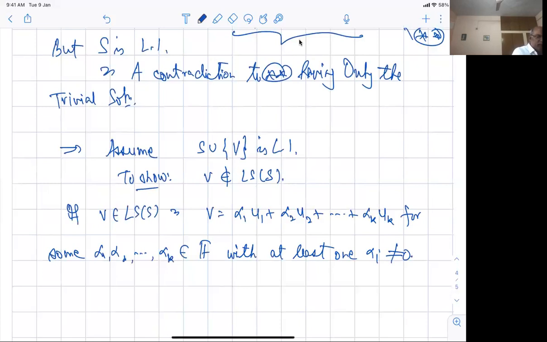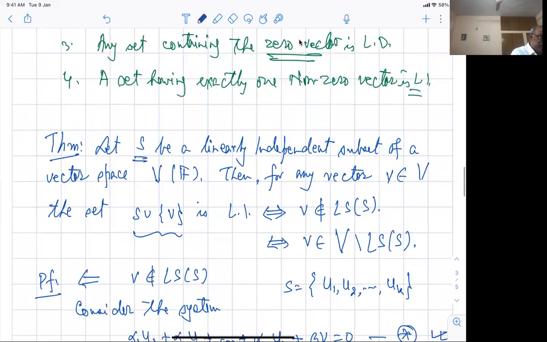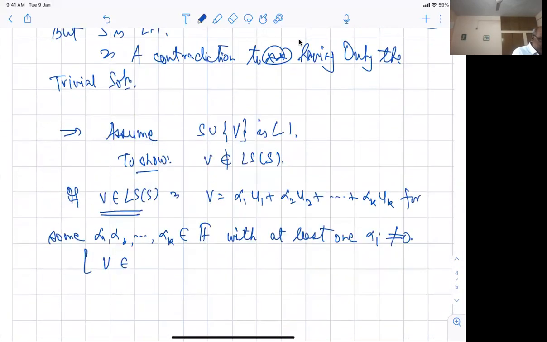Why? I'm saying that V belongs to LS of S. LS of S already contains 0, so V cannot be 0. Oh, I had started with V here, so I should have said that V belongs to the space minus the 0 vector. That's very important. It has to be a non-zero vector. V belongs to LS of S and V is not 0. This is important because I am saying that alpha is not 0.